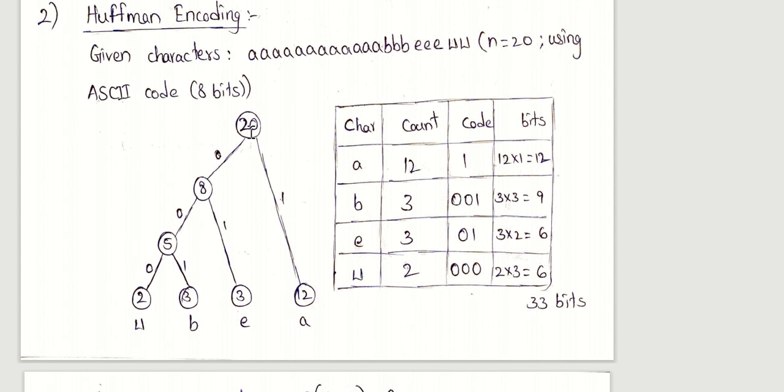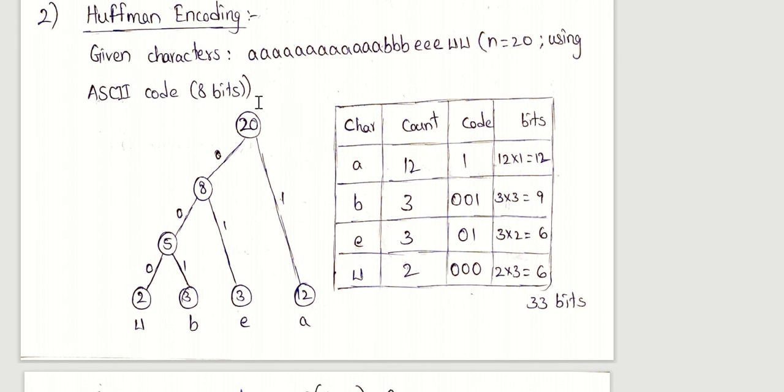Suppose for a binary search tree, if you want to search any node in the BST, we have to start from the parent and go through it. In a similar way here also we have to start with the parent. The parent is 20. Now we want the character A. The character A count is 12.